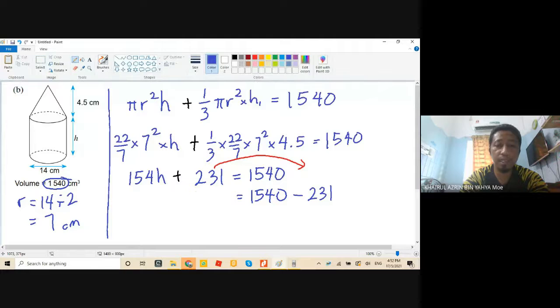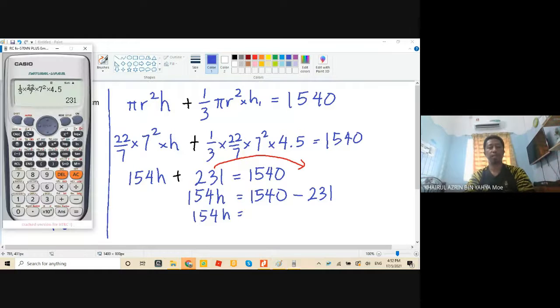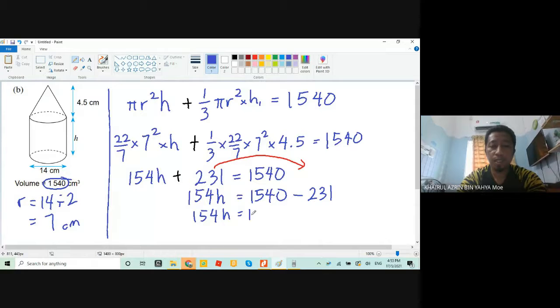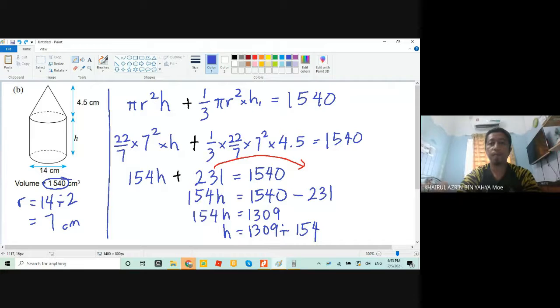On the left hand side, we write back 154 H. So 154 H equals 1540 minus 231. The answer is 1309. So H equals 1309 divided by 154.